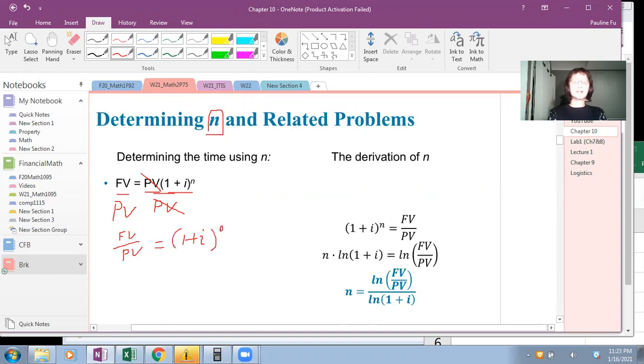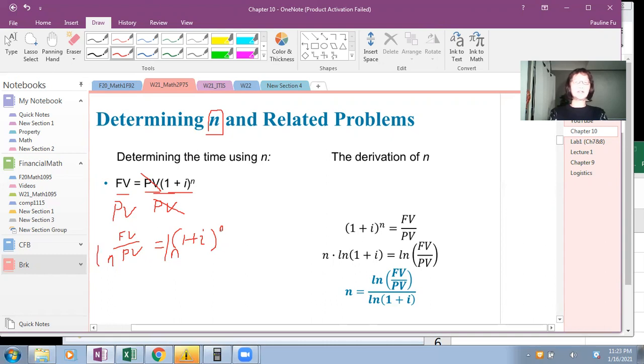And then you take a logarithm on both sides of the equation. So take ln, natural logarithm. Now you can move this N in front of ln. This is one of the properties of a logarithm.